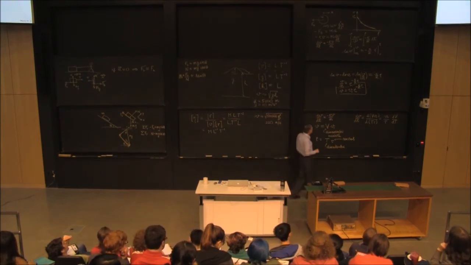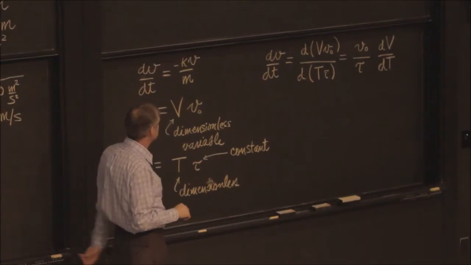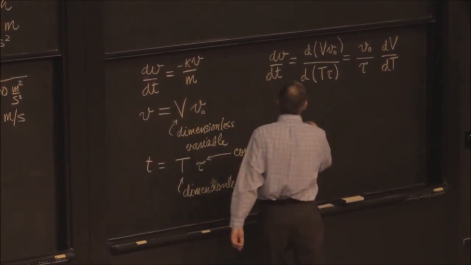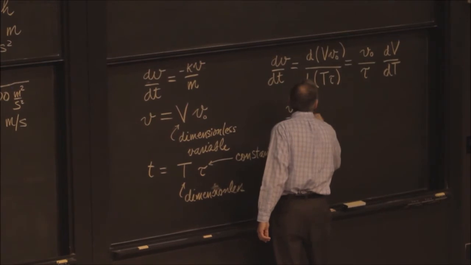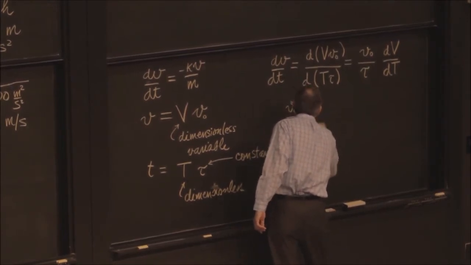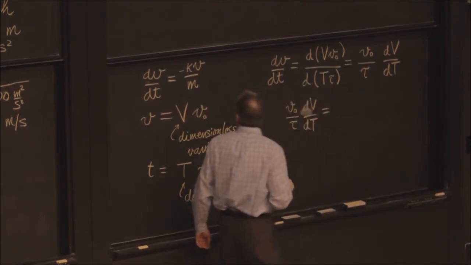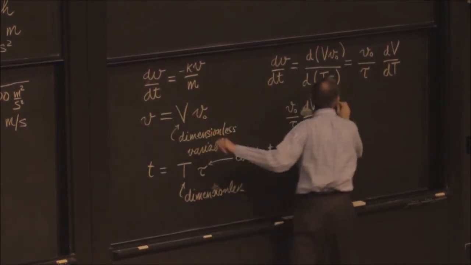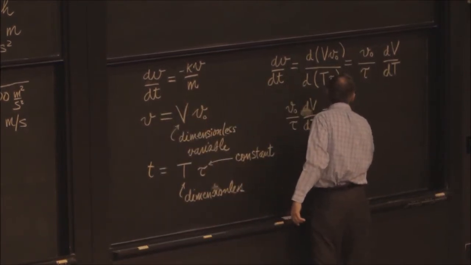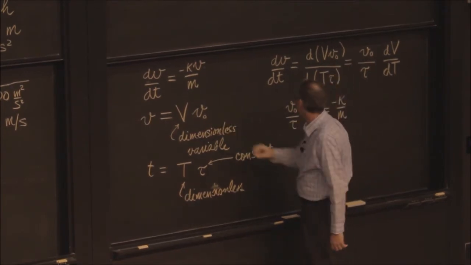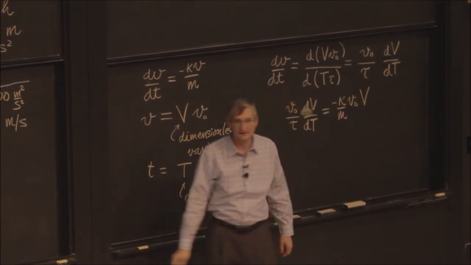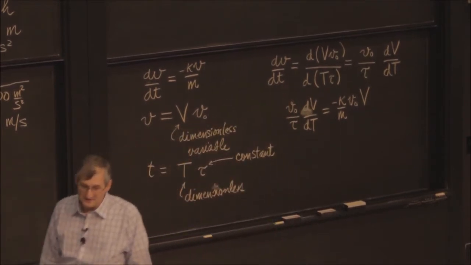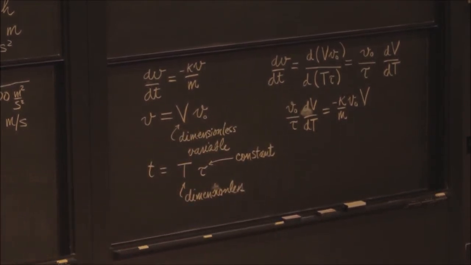Now I substitute these two things into my differential equation, and I have V0 over tau times d capital V dt is equal to minus kappa over m times v, which is V0 times big V. So far it's been nothing but headache.